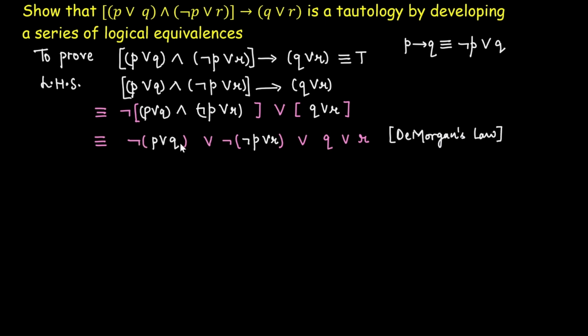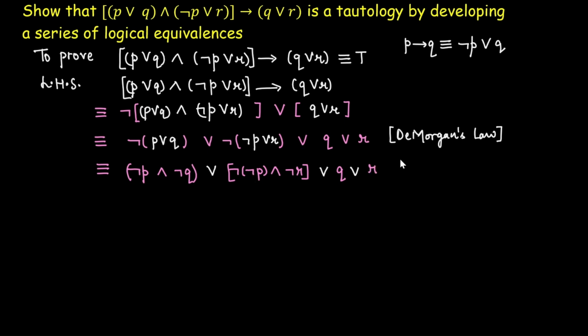Now again use De Morgan's law, distribute negation over this bracket. So we can write negation P, this gets converted into and here we can write negation Q. This operator OR is as it is. Then negation of negation P, negation of OR is and negation R. This OR is as it is, Q as it is, OR as it is, R as it is.